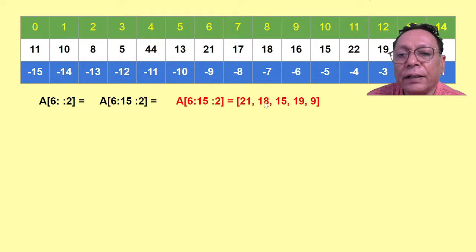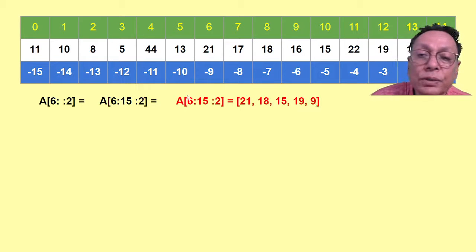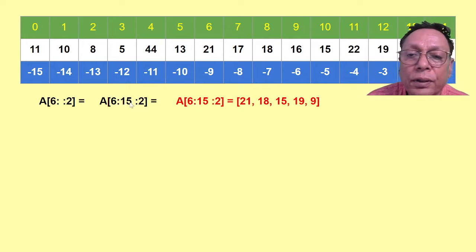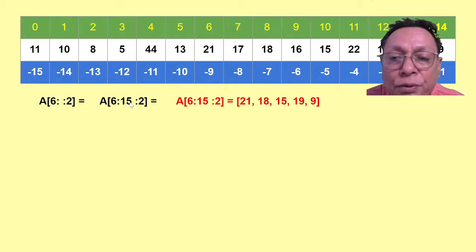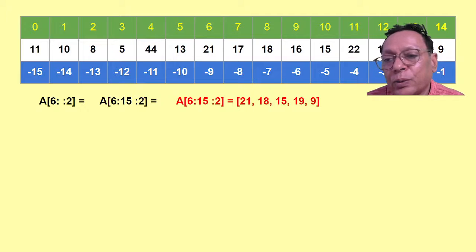A8 we have 18. A10 we have 15, and A12 we have 19, and A14 we have 9. Because there was no stop index, we had to take the last index as well, and that is why it is taking all the values starting from index 6 till the end.